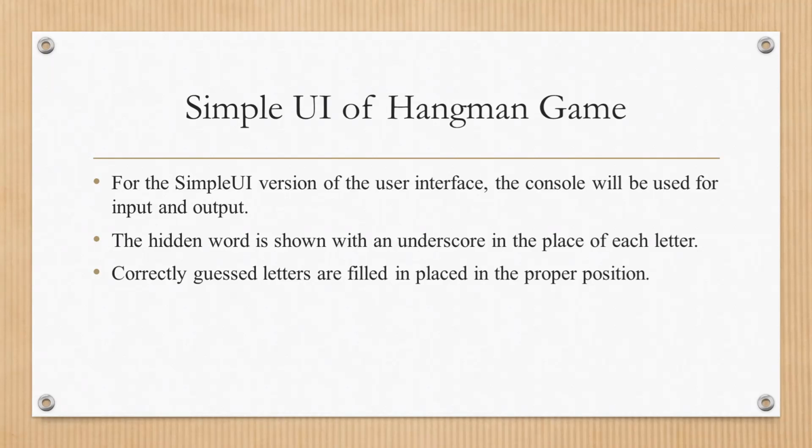The hidden word will be shown with an underscore in the place of each letter. If the user guesses the correct letter, the number of guesses count will be increased. Finally, if the user guesses all the letters in the given word, then the game will be over and the user will win.